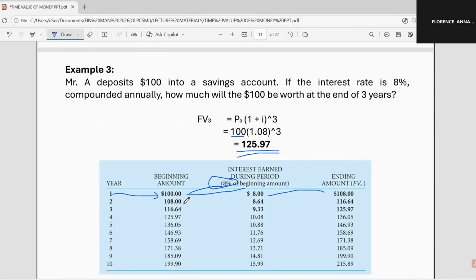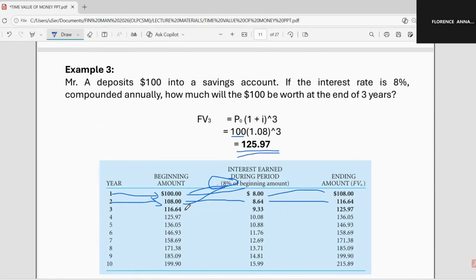Now, the beginning amount in period 2 is now 108, which is inclusive of your interest, times 8%, you get 8.64. And you add the same from 108, that's why you arrive at 116.64.